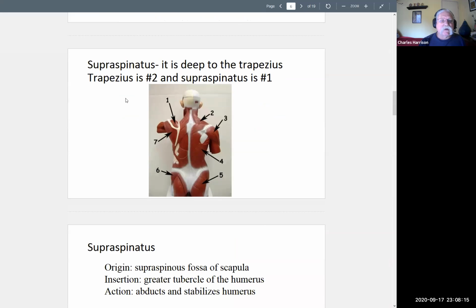The supraspinatus is deep to the trapezius. Well, now which is the supraspinatus? It's not labeled. It's number 1. If you need to, get your book out and look at it, or you can look at the photos that you and I just went through. Trapezius is number 2.